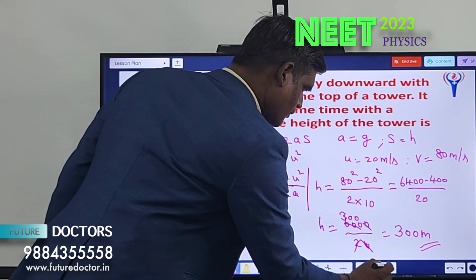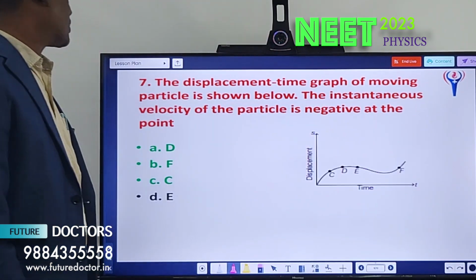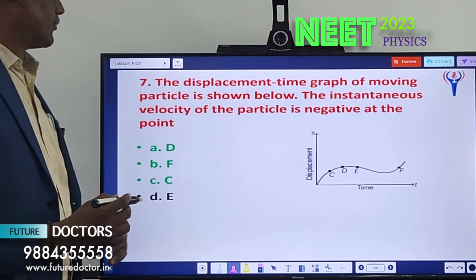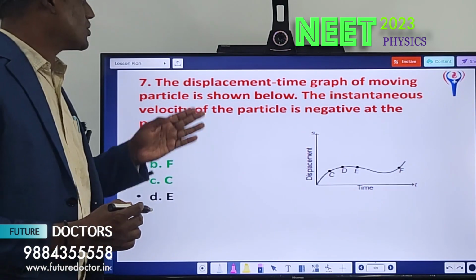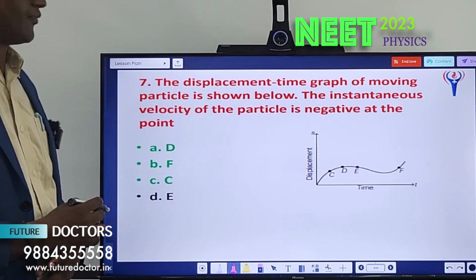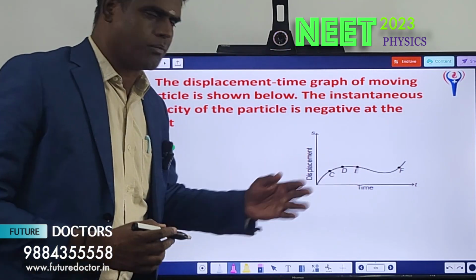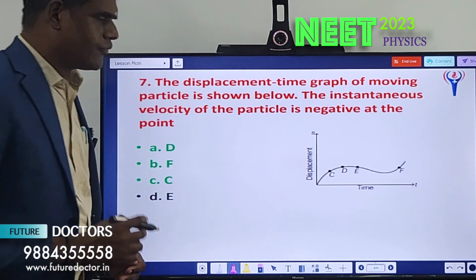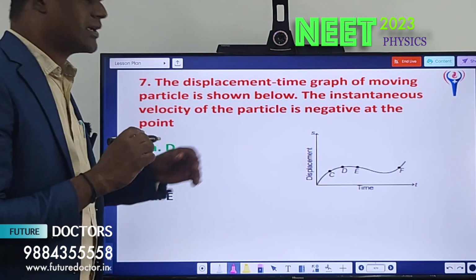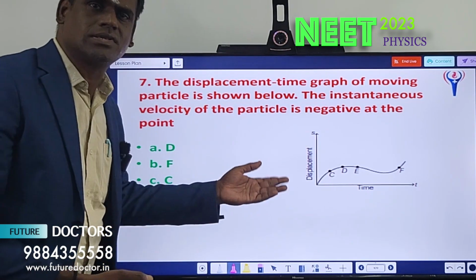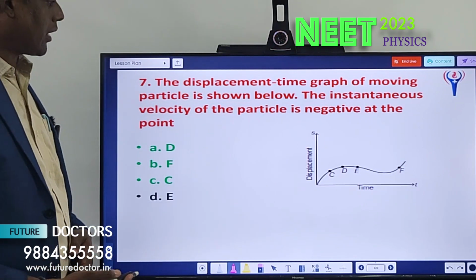Let's move to the last question, the 7th question. The displacement-time graph of a moving particle is shown here. The instantaneous velocity of the particle is negative at which point? Points C, D, E, F are given. Instantaneous velocity is the slope of the displacement-time graph.